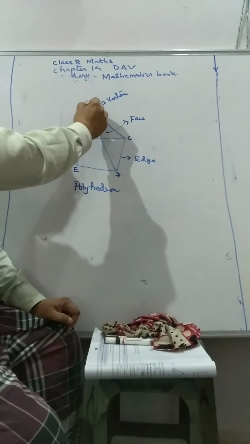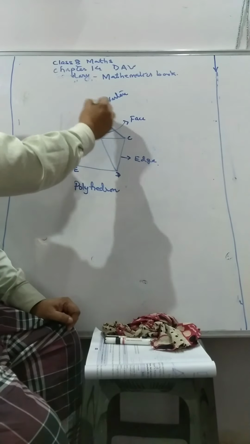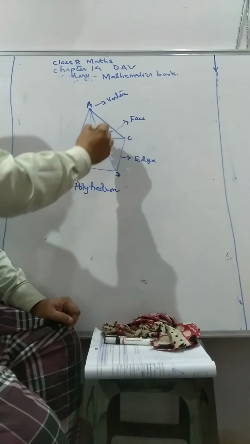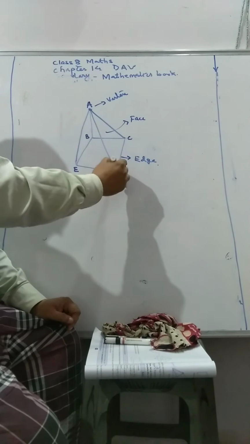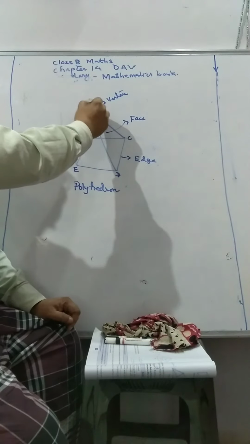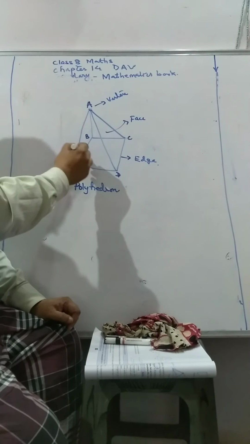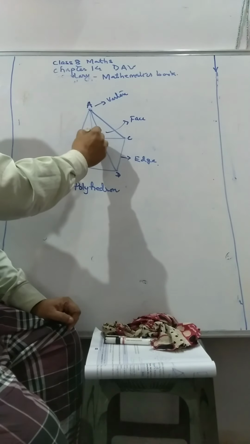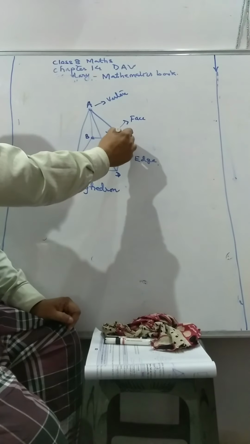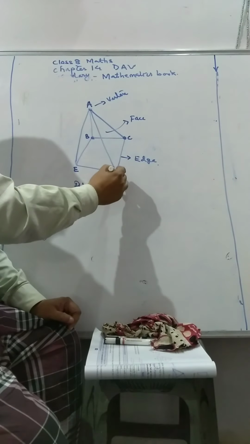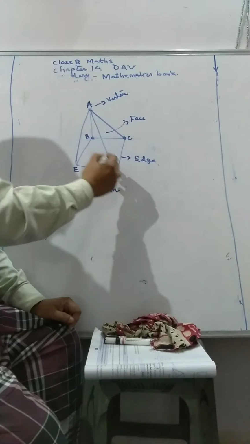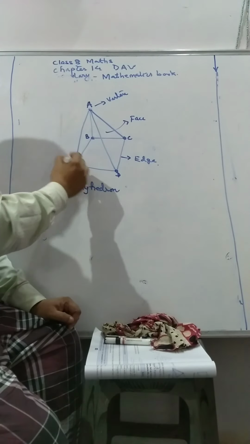Here is this point A where the edges are meeting. Suppose this is edge AD and AC is an edge. So this is a vertex. B is also a vertex, C is also a vertex, D is also a vertex, and E is also a vertex.